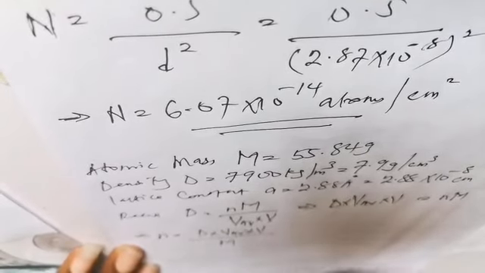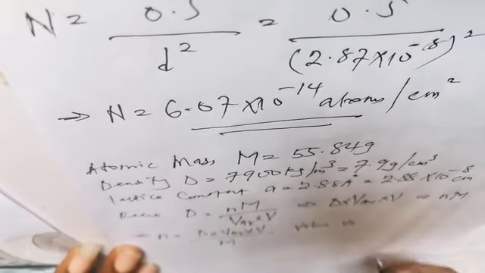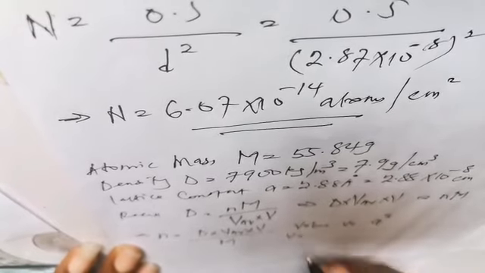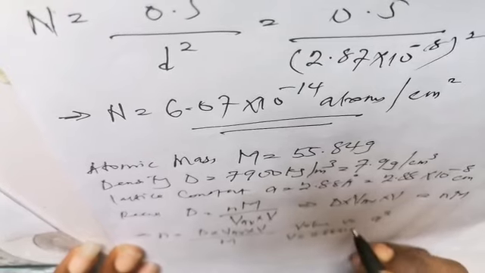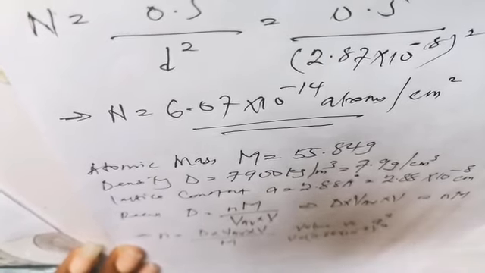So let's find the volume now, where V, the volume, is equal to A to the power of 3. So V is equal to 2.88 by 10 to the power of minus 8, all to the power of 3.